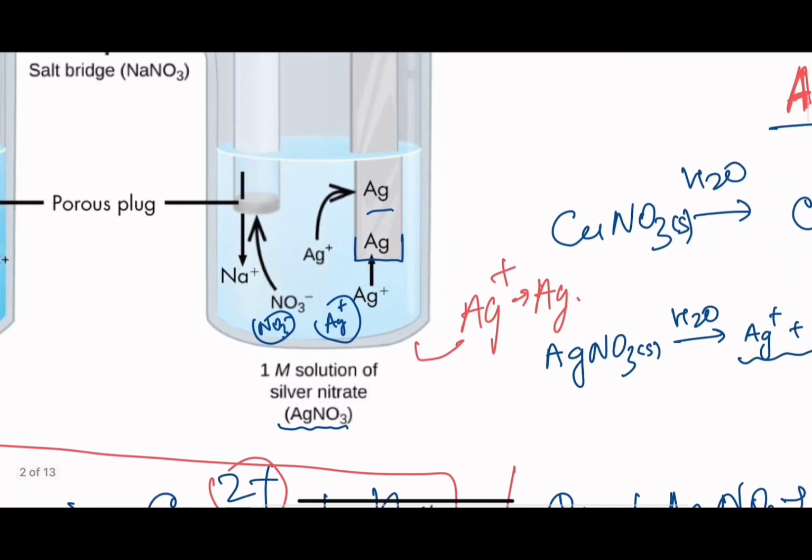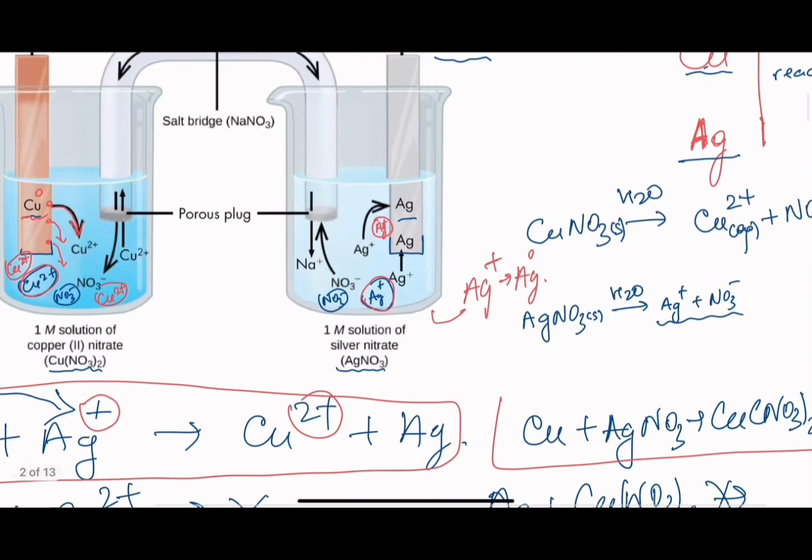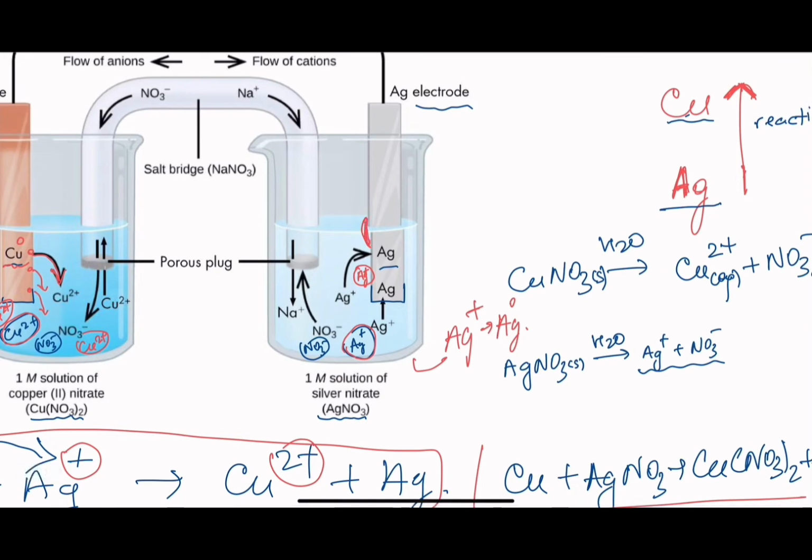And on this side, because silver ion was before dissolved in solution, now it's going from silver plus to silver 0, so it comes over here and attaches to this wall, takes an electron and becomes silver. It sits on top and makes solid Ag in 0 charge. We have lots of silver sitting on it, so this electrode becomes heavier.